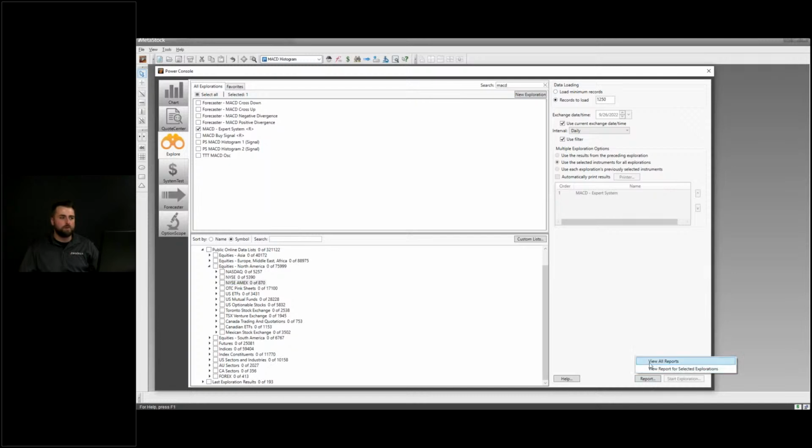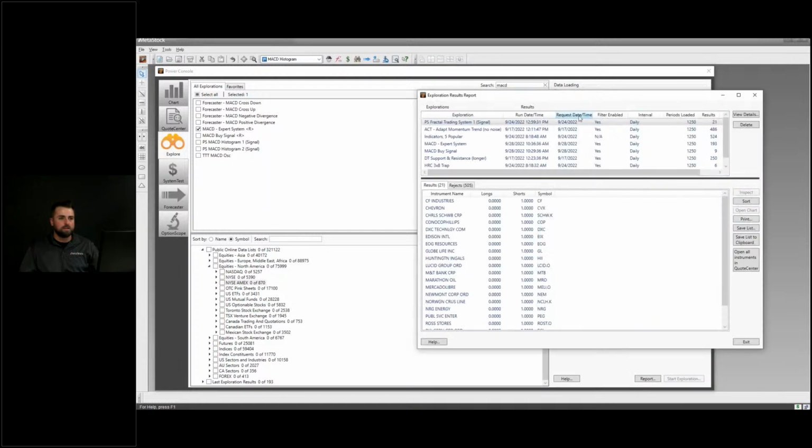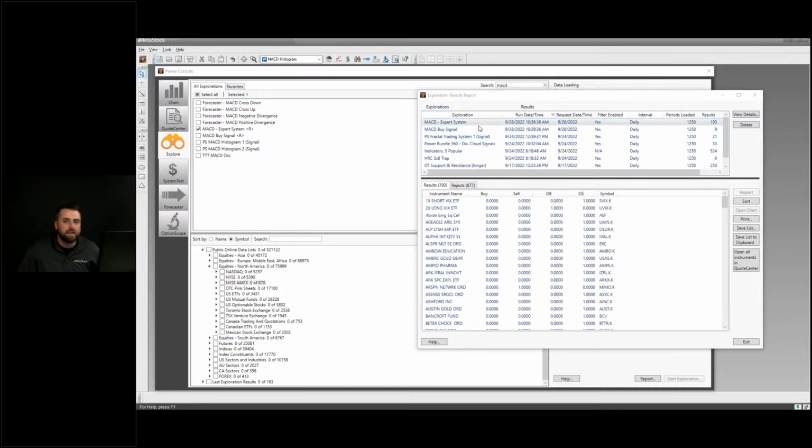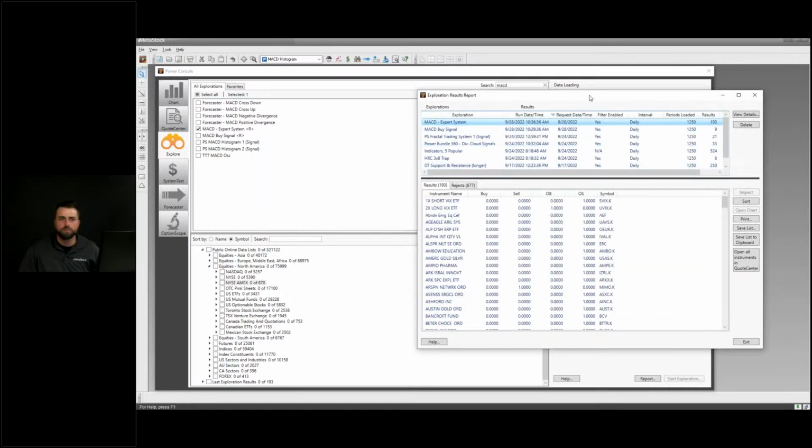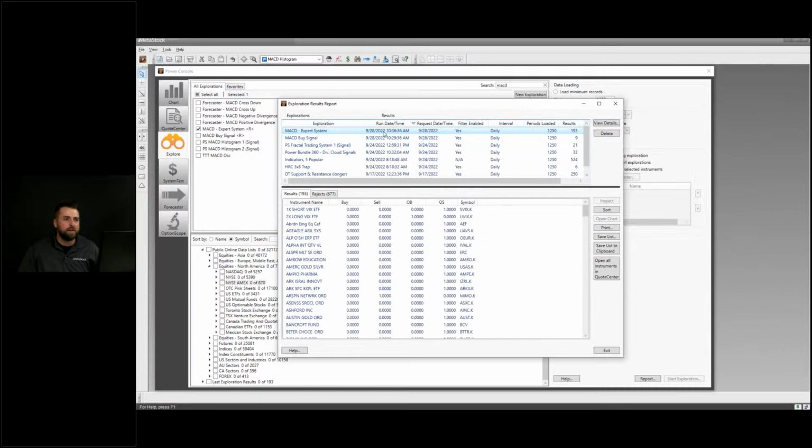We could do that as well, but I can actually show you guys the most recent report just to confirm that, because I know, oops, I'm going back in time here a little bit. So it was this scan that we ran today that had the 193 results, which we can see right here. So that's what I'm referring to by the last exploration results that are down there.